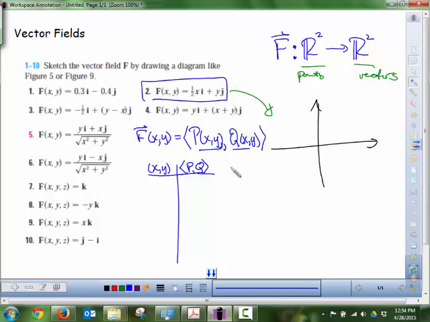For this problem, my P function is the first component here, which is 1/2 x, and my Q function is just y. Any of those two functions can have a combination of x's and y's in them, or they can just be constants. It depends on the problem. But in this case, our P function has only an x and our Q function has only a y. Okay?